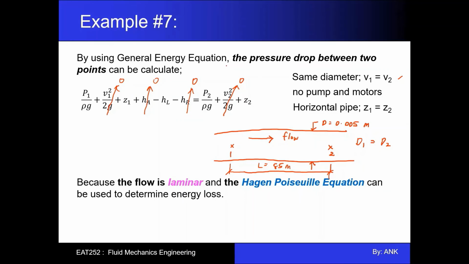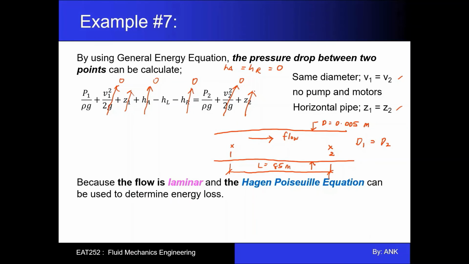Then, because this pipe is a horizontal pipe, Z1 is equal to Z2, so we can cancel out Z1 and also Z2.